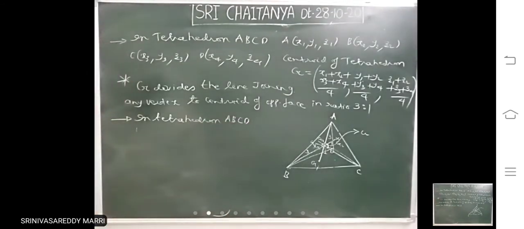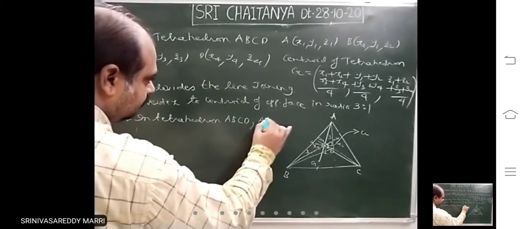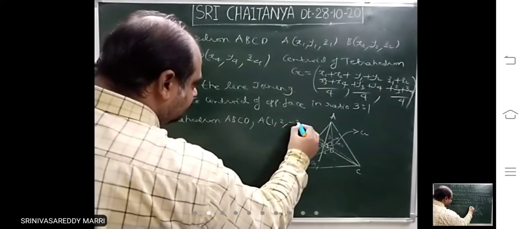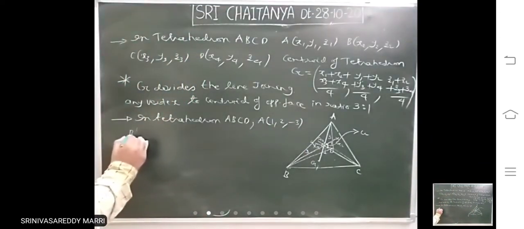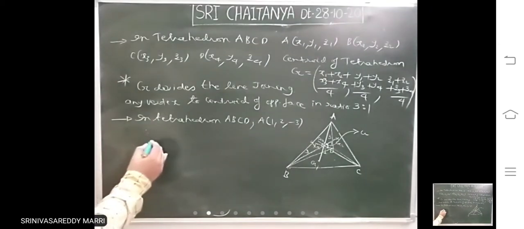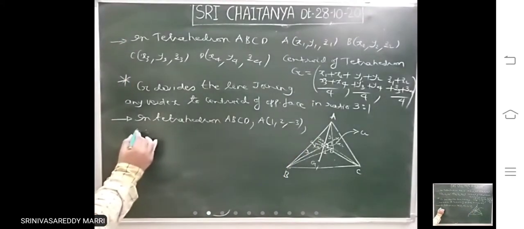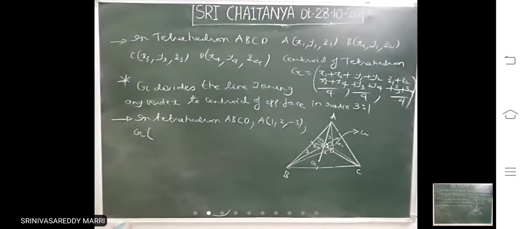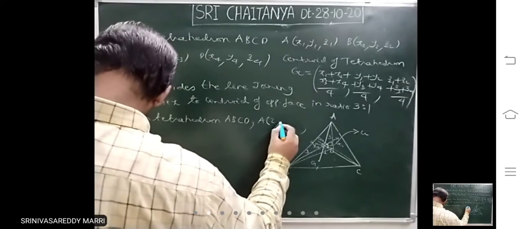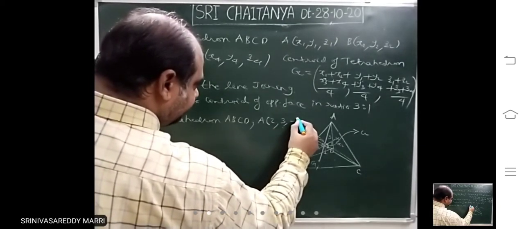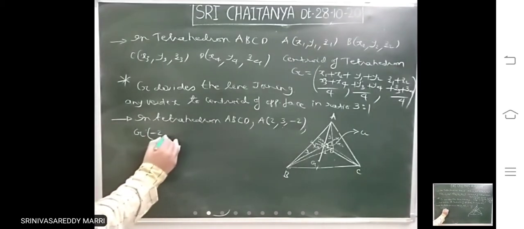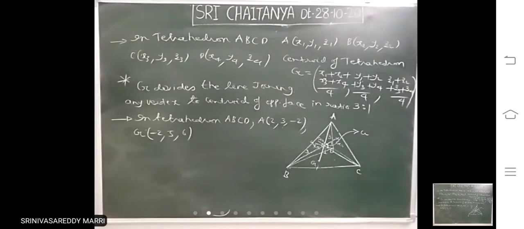In tetrahedron ABCD, A is (2, 3, -2), and the centroid G is given as (-2, 5, 6).